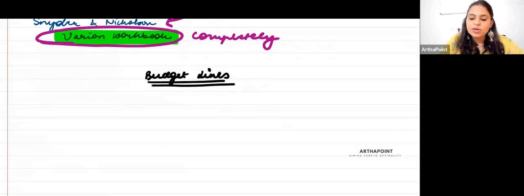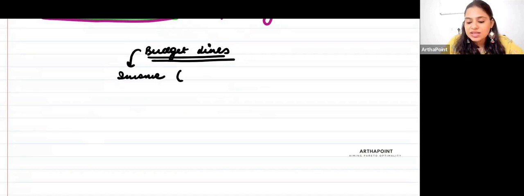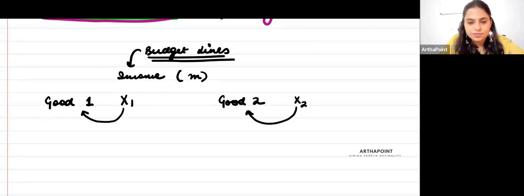So to begin with, what is a budget line? A budget line usually tells you the budget of any individual. The budget of any individual can be measured through the income of the individual. Let's say that income of the individual is given by M, and let's say that there are two commodities, good 1 and good 2. Let's say the consumer consumes X1 units of good 1 and X2 units of good 2.